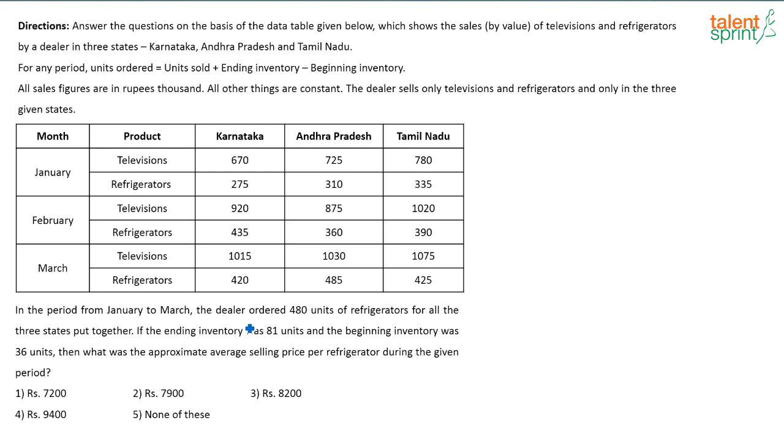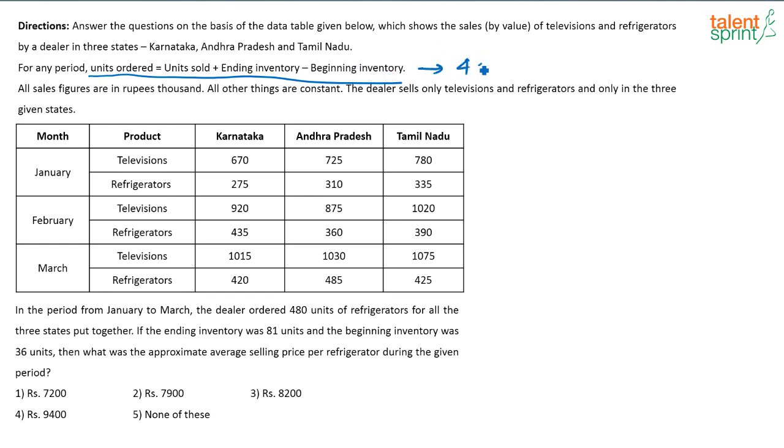So what is given here? In the period from January to March, the dealer ordered 480 units of refrigerator. Ending inventory is given, beginning inventory is given. So remember this formula. This formula you have to use throughout this question. Units ordered is equal to units sold plus ending inventory minus beginning inventory.